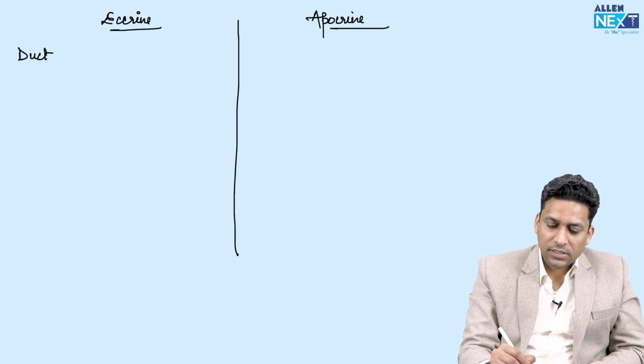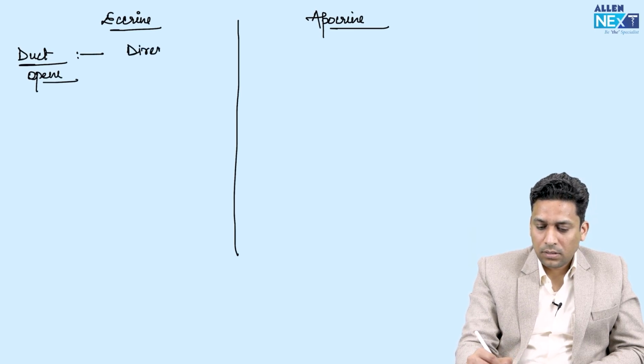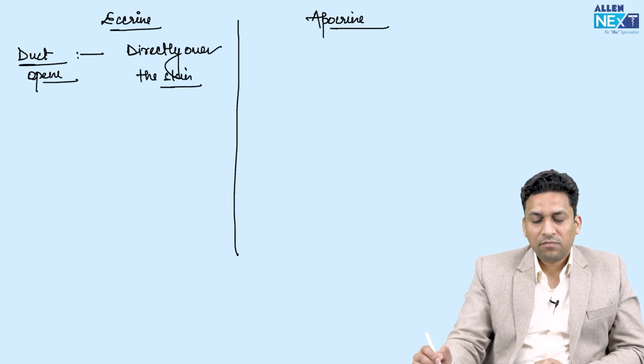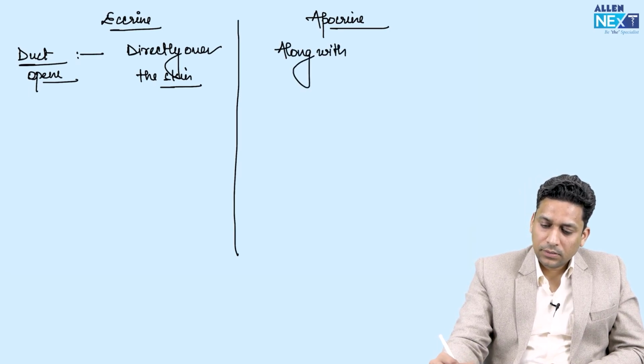The first difference is, if you examine the duct, you will find that in eccrine the duct opens directly over the skin, while in apocrine, they open along with hair follicles.